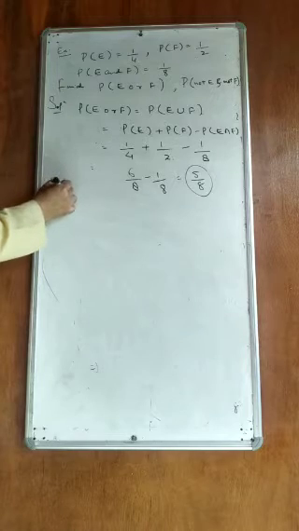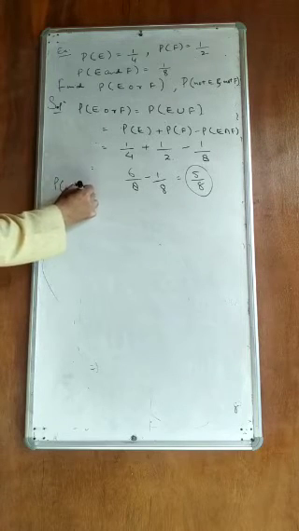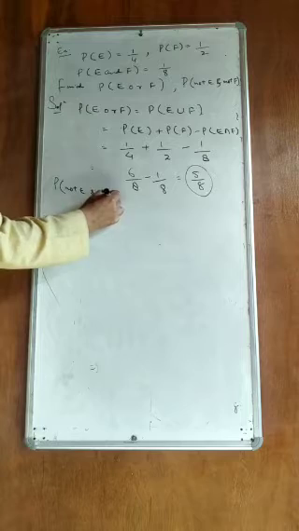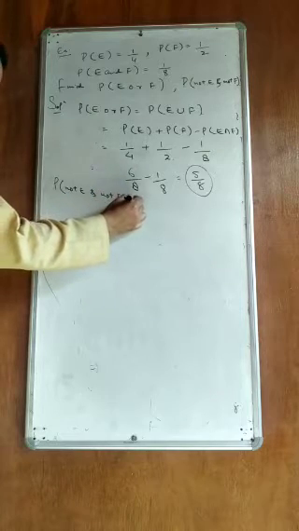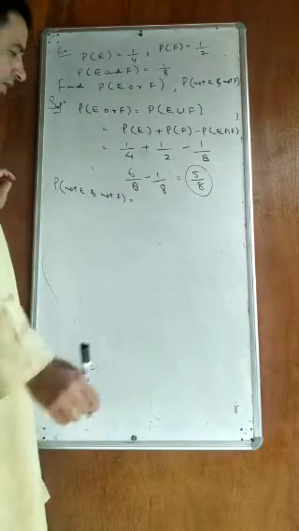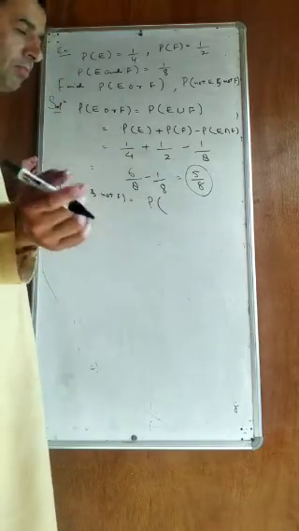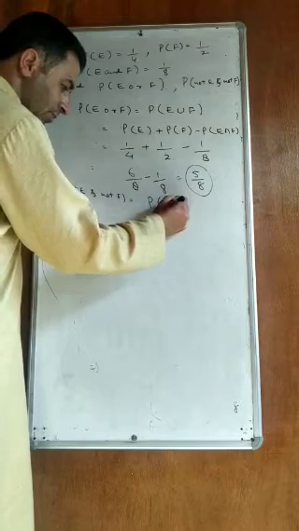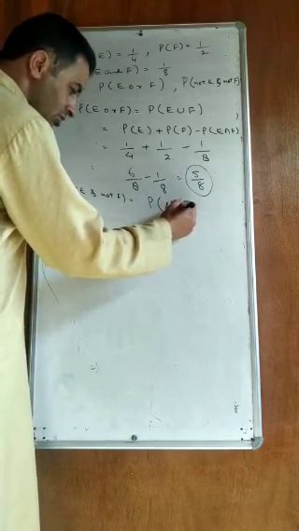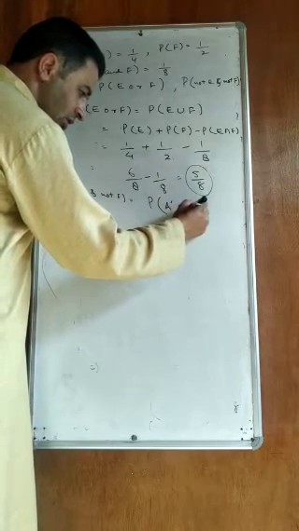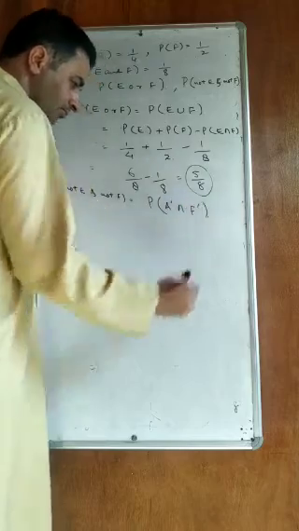Now probability of not E and not F. Not means complement, and means intersection, so we need E complement intersection F complement.